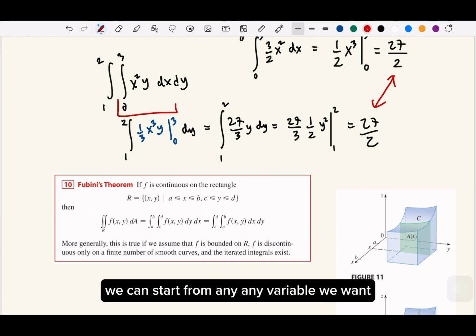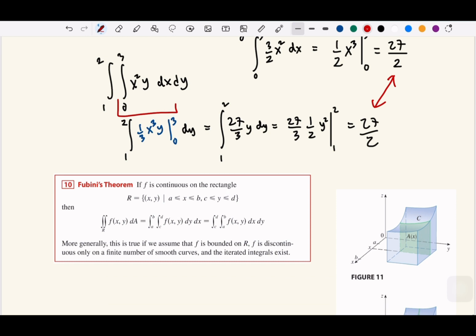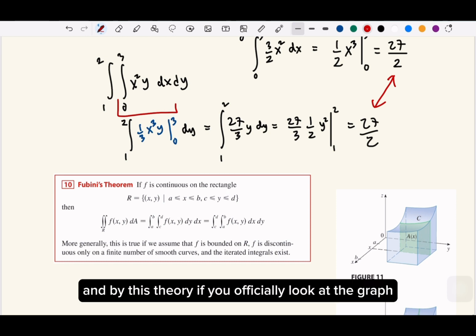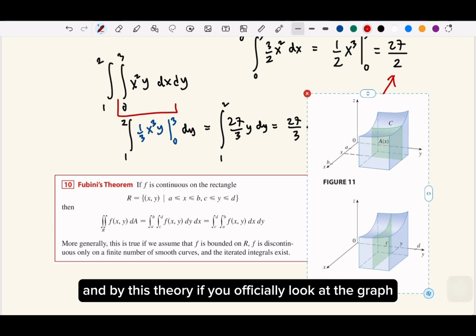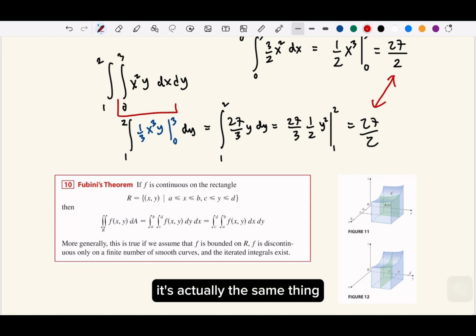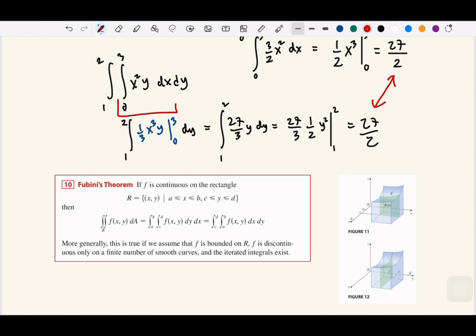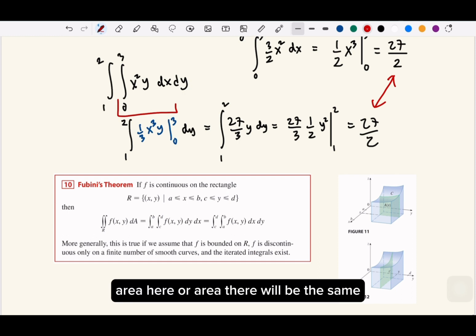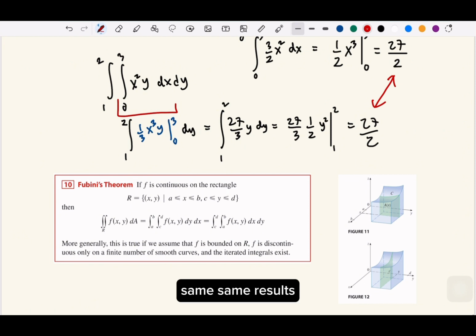We can start from any variable we want. By this theorem, if we visually look at the graph, it's actually the same thing. We want to find the volume here, so we can start from this area or that area, and it will be the same result.